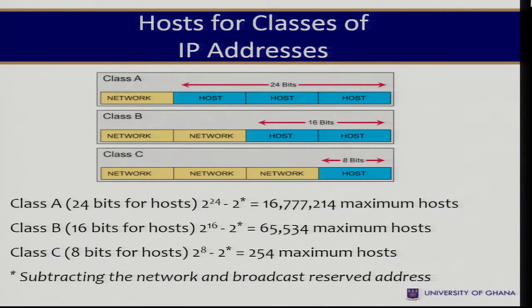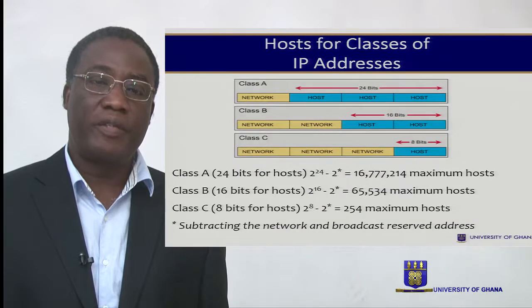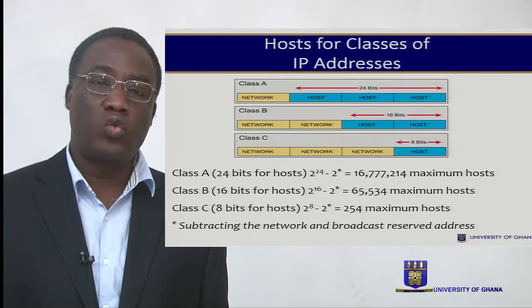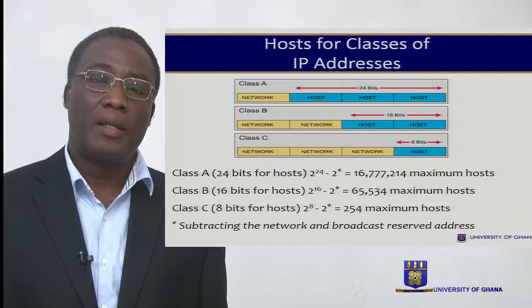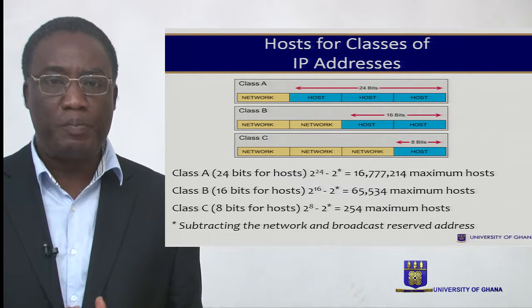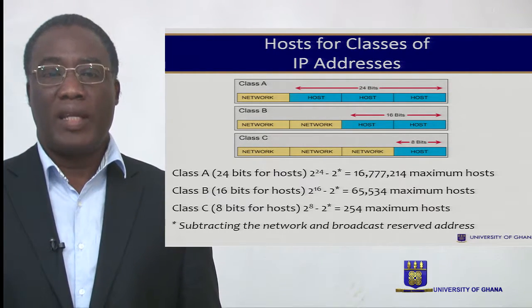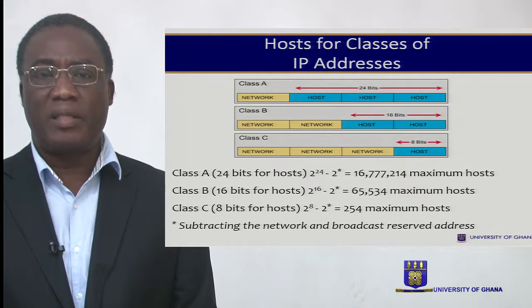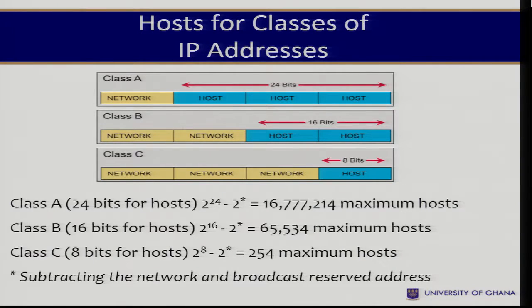Now, once you know the number of bits that have been reserved for the hosts and the network, then you can easily calculate the total number that will be on the network. So in class A, there are 24 bits for the host. So that gives you 2 to the power of what? 24.